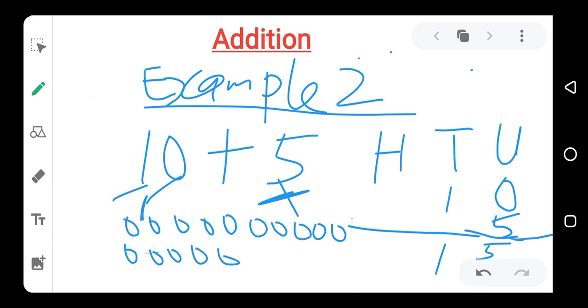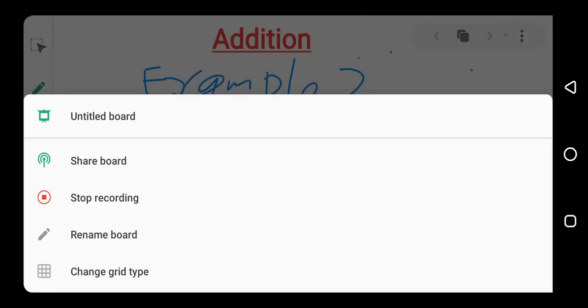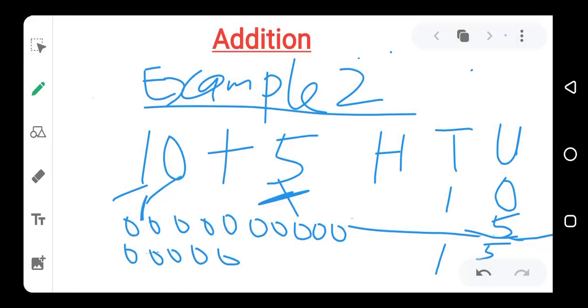Now let's count all of them together. 1, 2, 3, 4, 5, 6, 7, 8, 9, 10, 11, 12, 13, 14, 15. So all the circles are 15. That means that our answer is correct. We got 15 here. So the answer is correct.